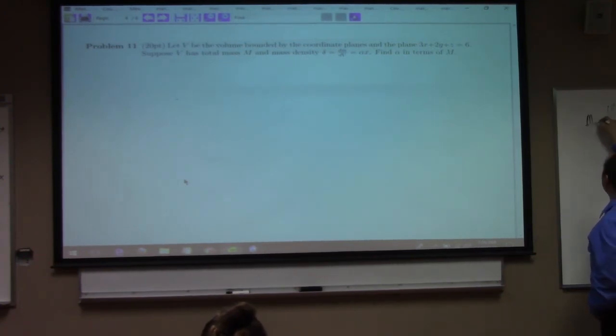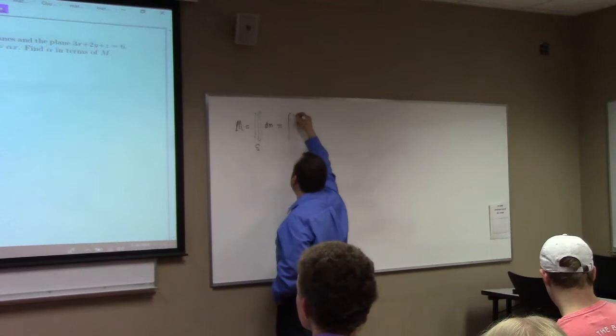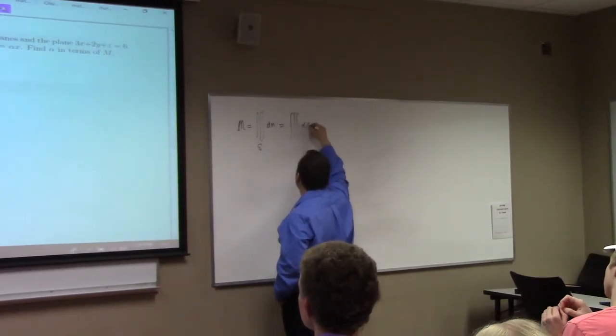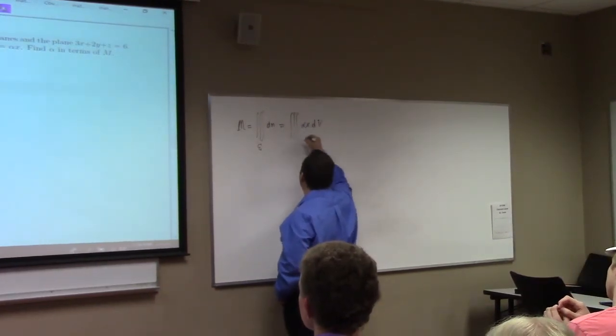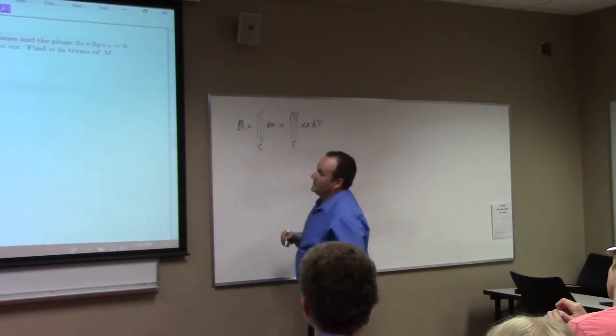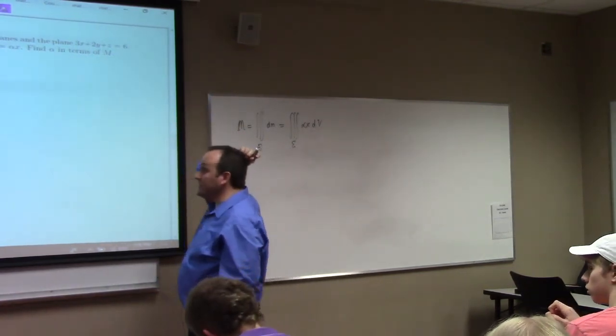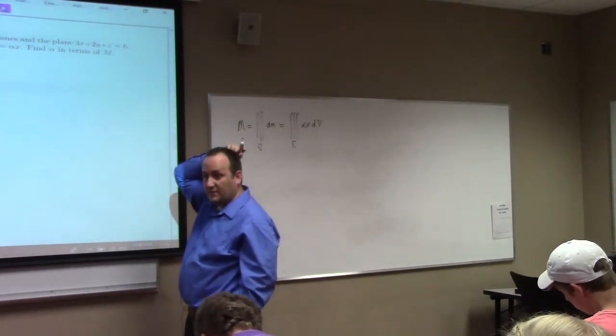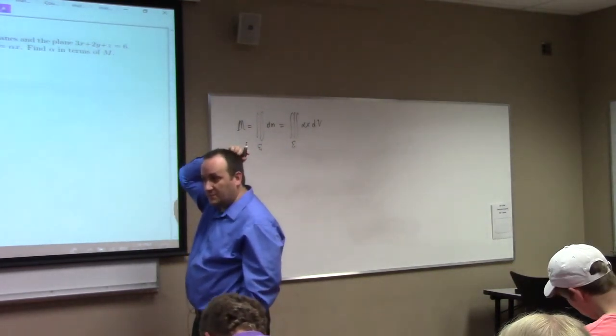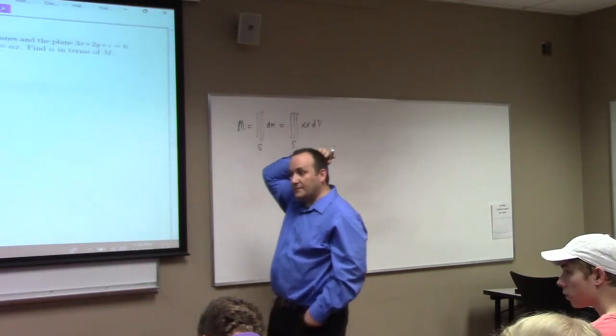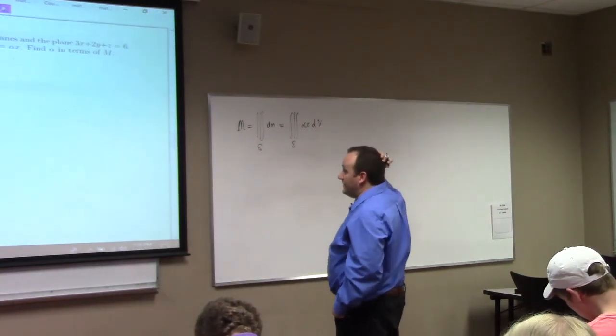I would calculate the total mass. Now that's the triple integral of alpha x dv, right? Because I'm given that the mass per unit volume is alpha x, so I want to integrate alpha x times dv to get the integration of dm over the volume, which would give me the total mass m, right? Then the question is, how do you set up that integration?